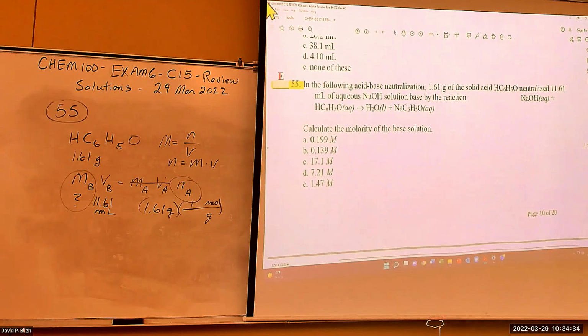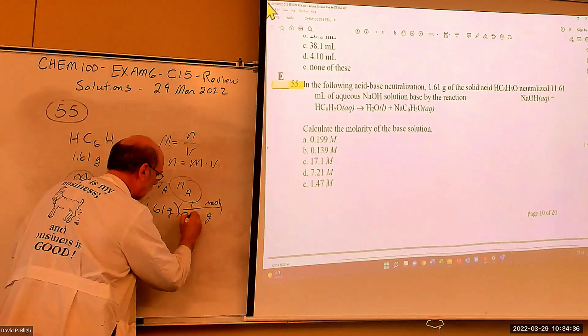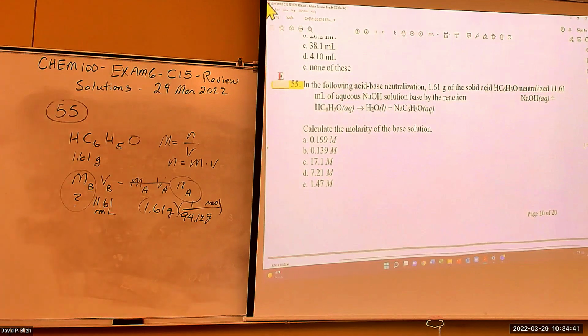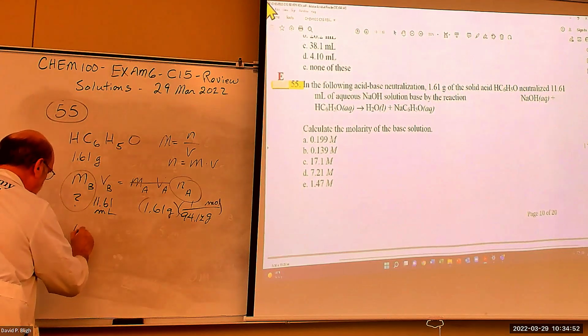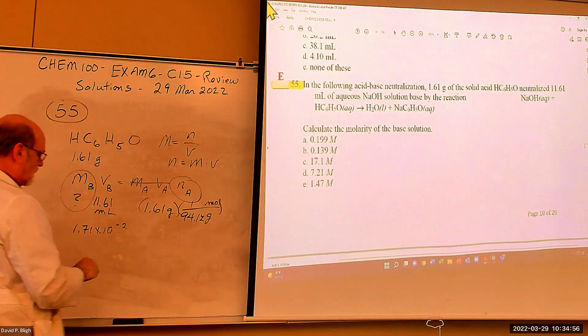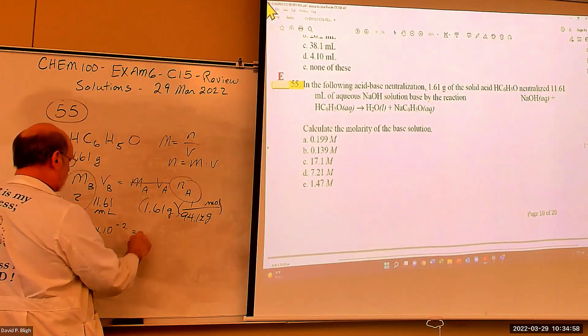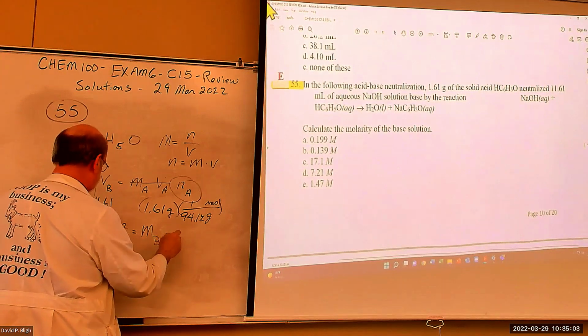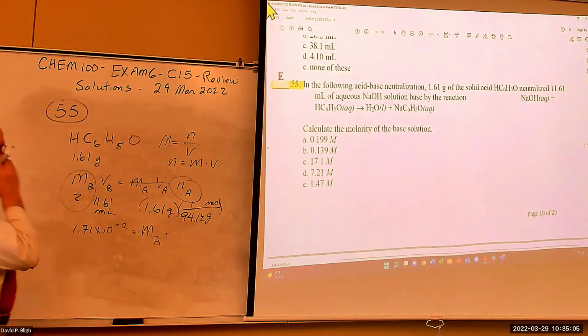That's what I get. 94.12 divided into 1.61 gives 1.71 times 10 to the minus 2. 1.71 times 10 to the minus 2 is equal to molarity of the base times the volume of the base.